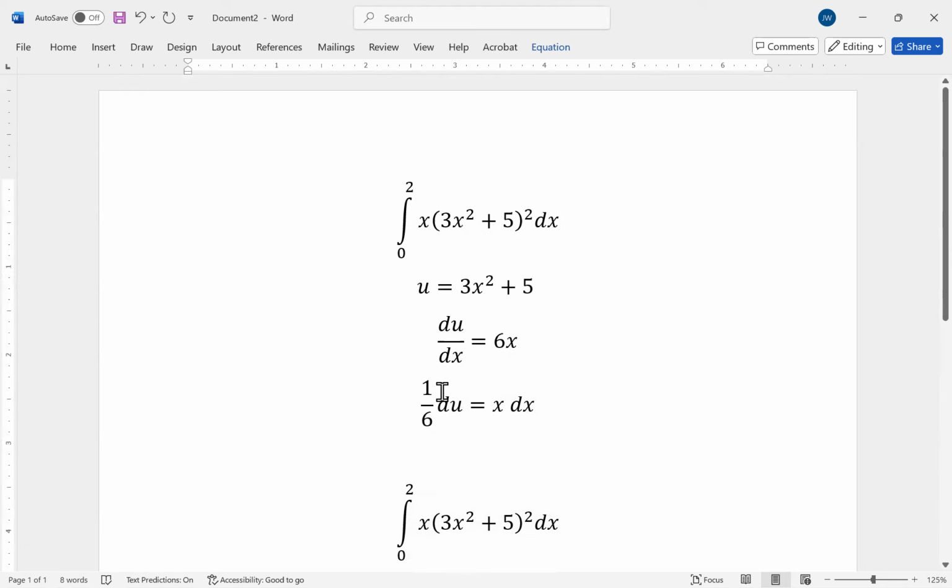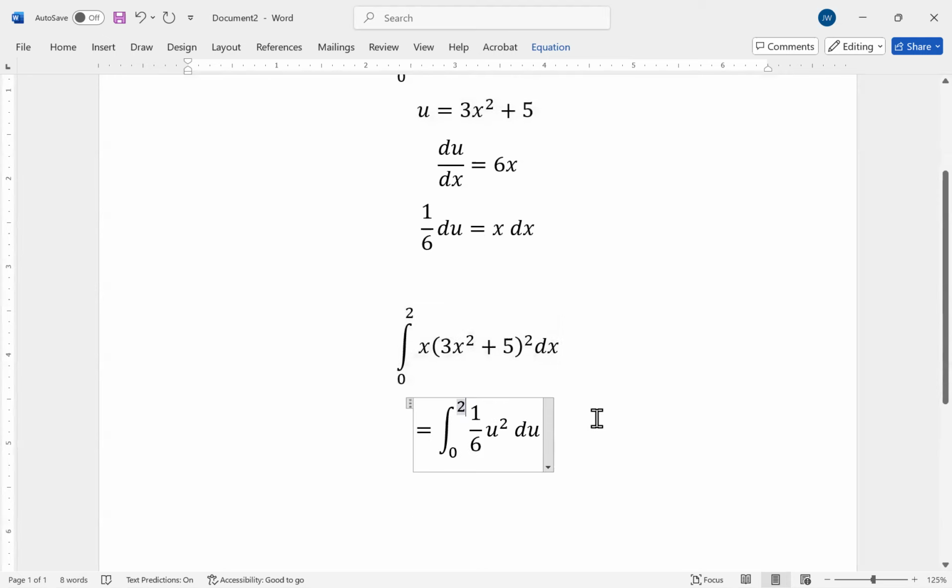Notice that these bounds are with respect to x. So that means x goes from 0 to 2. What would u go to? u, when I plug in x of 0, is 5. And when I plug in x of 2, I get 3 times 2 squared plus 5, which is 17. So technically, my bounds should go from 5 to 17 on the u.